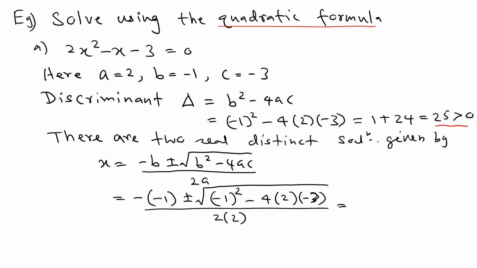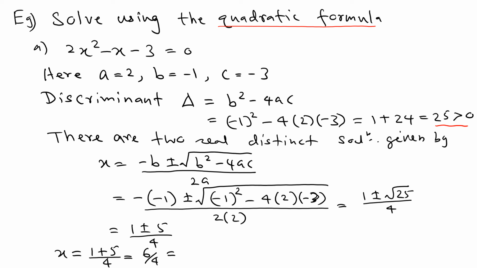If you simplify, you get 1 plus or minus the square root of 25 over 4, and the square root of 25 is 5, so 1 plus or minus 5 over 4. Now we can write the two solutions separately, one with a plus sign. x equals 1 plus 5 over 4, which is 6 over 4, which is 3/2.